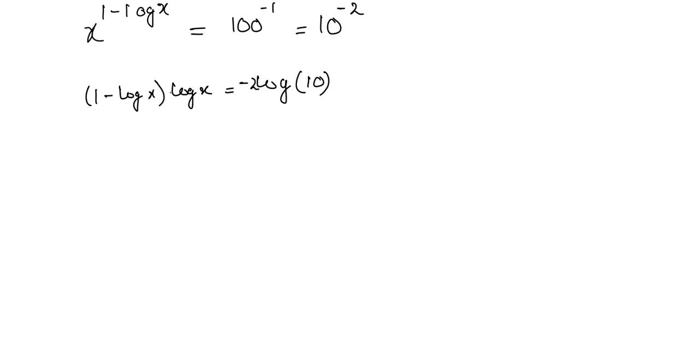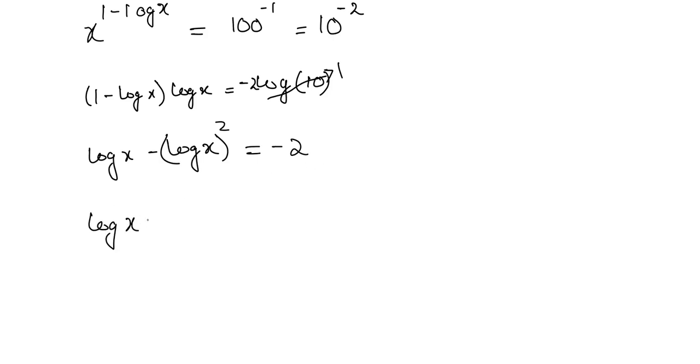By multiplying these two values, we will be having log x minus log x whole square. Do not write it as log x square, and here log of 10 is equals to 1, so it will be just minus 2. Shift this whole value towards the right hand side, or write log x whole square as positive.